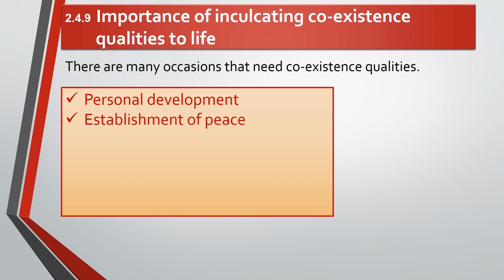Establishment of peace. So, if we want to live in a peaceful environment, the coexistence is very important. It's necessary. And building up mutual friendship. And we need to ensure the relationship, friendship must be ensured.